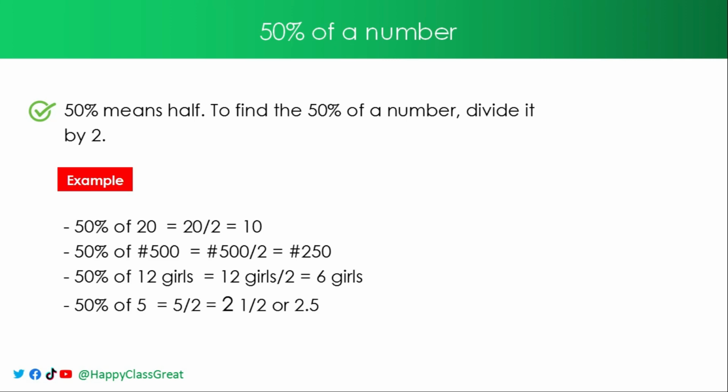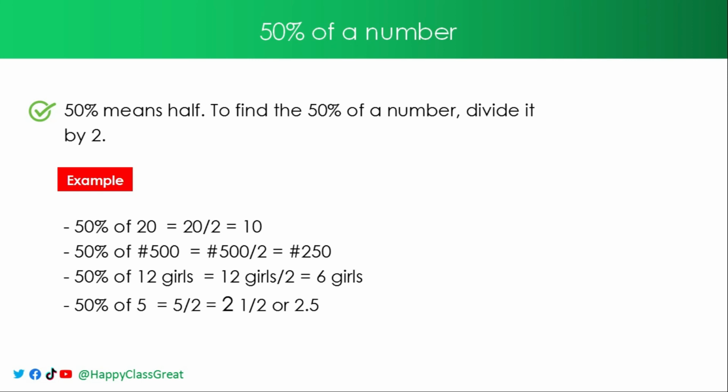Here is an example now. Let's say you are asked to find 50% of 20. That means 20 divided by 2, which is 10. And 50% of 500 naira will be 500 naira divided by 2, that will be 250 naira. And 50% of 12 guests is 12 guests divided by 2, which is 6 guests. So 50% of 12 guests is 6 guests, and 50% of 5 is 2 and 1 over 2, or 2.5.